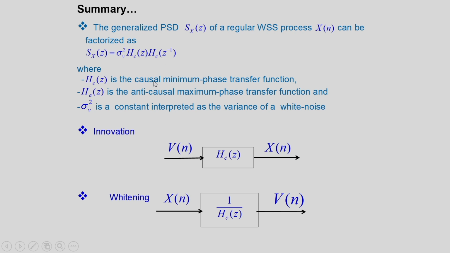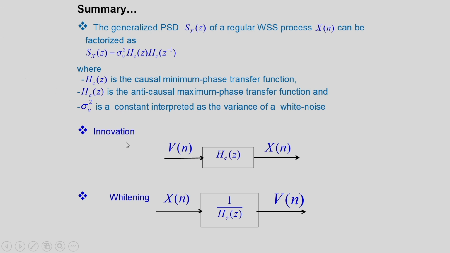HC(z) is a causal minimum phase transfer function, and minimum phase is important. HC(z inverse) is an anti-causal maximum phase transfer function, and sigma v square is the constant interpreted as the variance of the white noise.